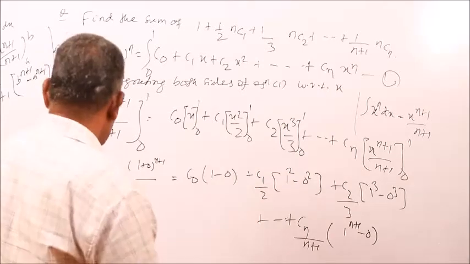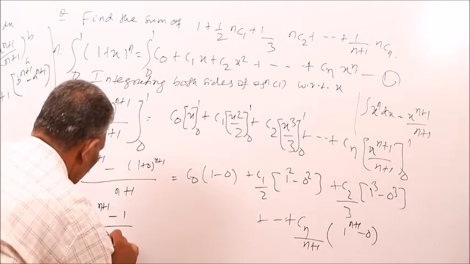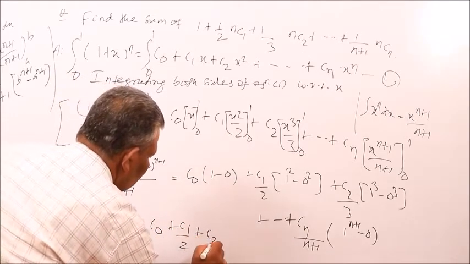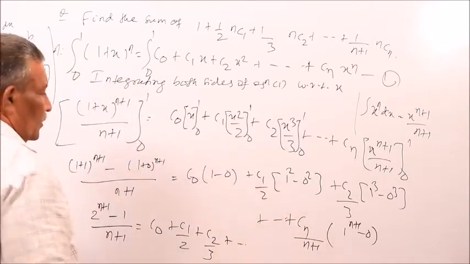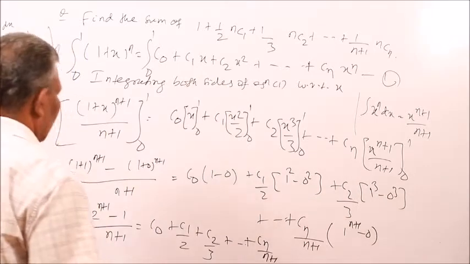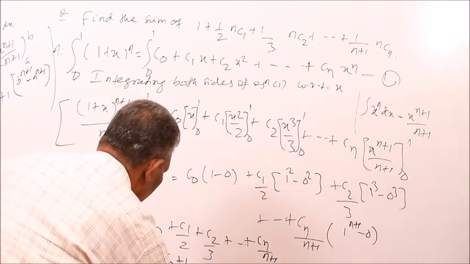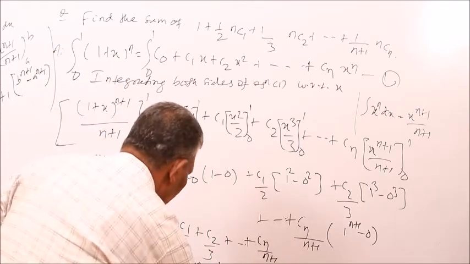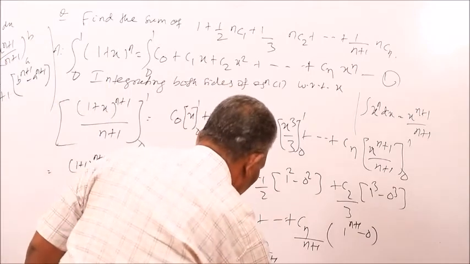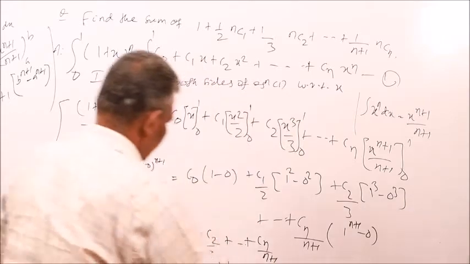So that is 2 to the power n plus 1 minus 1 by n plus 1 equals C0 plus C1 by 2 plus C2 by 3 plus Cn by n plus 1, or you can write C0 plus half nC1 plus 1 by 3 nC2 plus dot dot plus 1 by n plus 1 nCn.